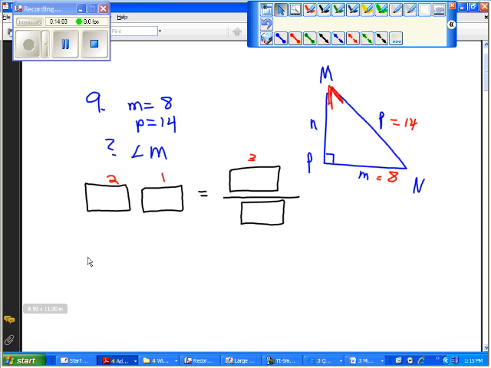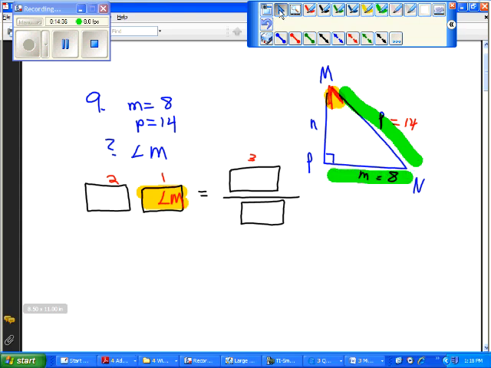The first thing we're going to do to set up the trigonometric ratio is identify the acute angle, and if it's the one we're looking for, then that's what we put in that slot. So we're going to put in that slot angle M. Then we see how the sides given are related to the angle chosen.